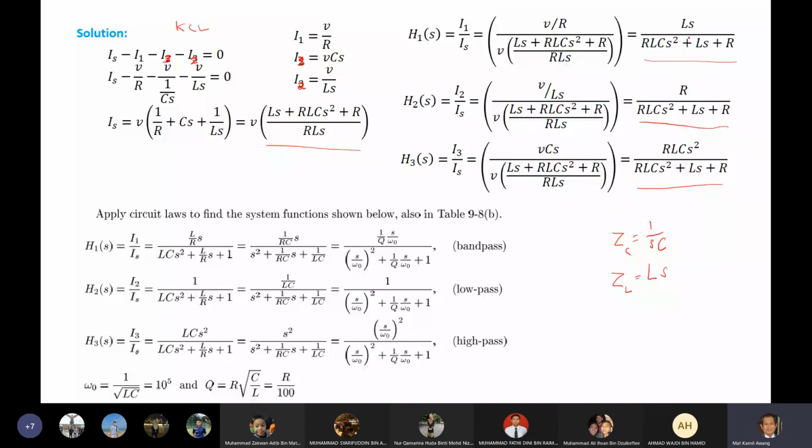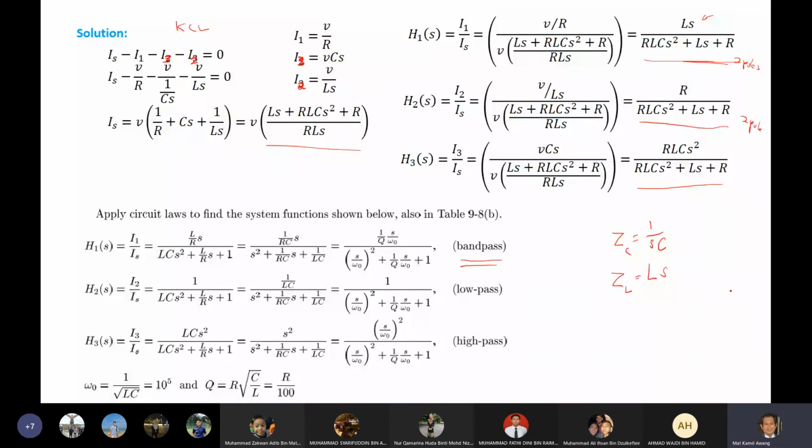From here, you can see that you have 1 zero and 2 poles. This 1 zero, 2 poles is a band pass filter. This one, you don't have a zero but you have 2 poles.